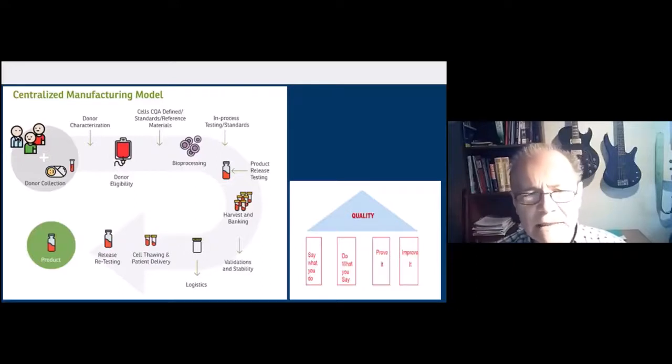Then the cells are thawed and delivered to the patient after release retesting, and the product is optimal to use for hematopoietic stem cell transplant. In this centralized manufacturing model, quality is very important, because quality says: do what you say, prove it, and improve it.